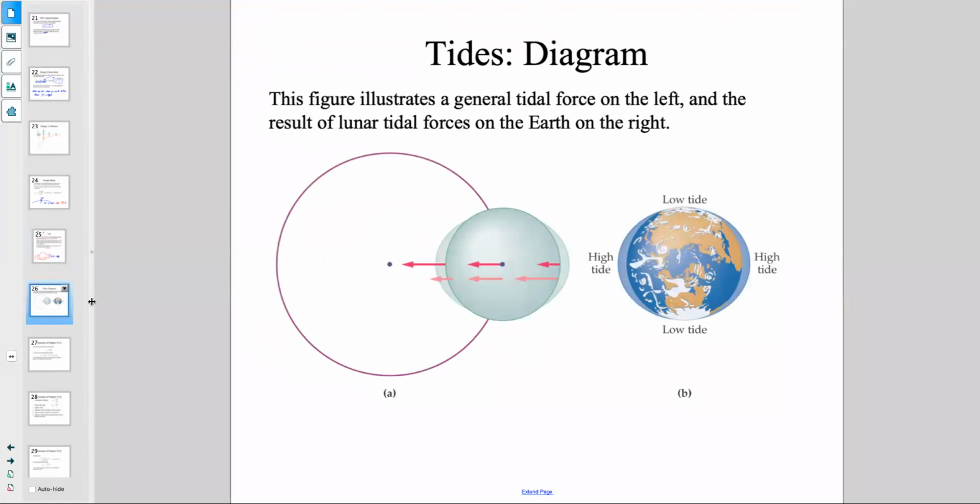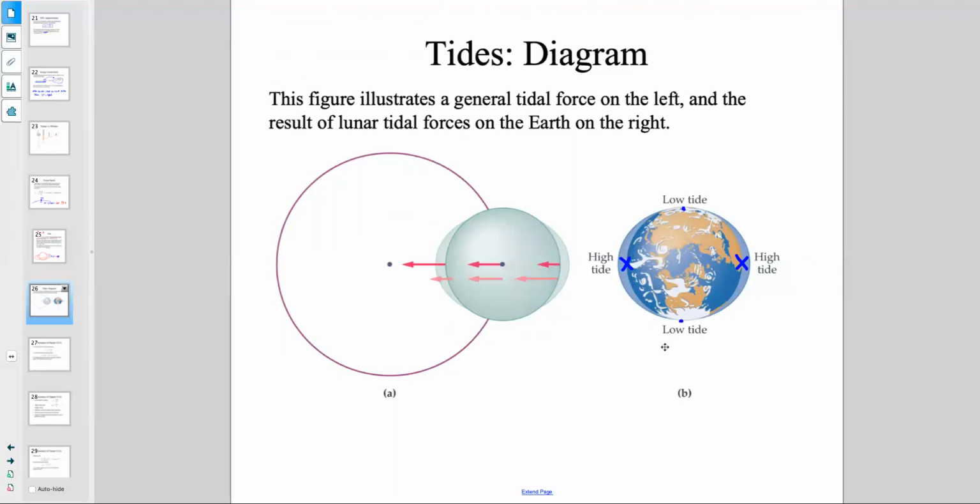So if you're looking at this diagram, this figure illustrates the general tidal force on the left and the result of lunar tidal force on the Earth on the right. So in other words, if you're looking at here, this point of the Earth and this point of the Earth will feel the most tidal force, and the north and the south pole of the Earth will experience less tidal force, okay?